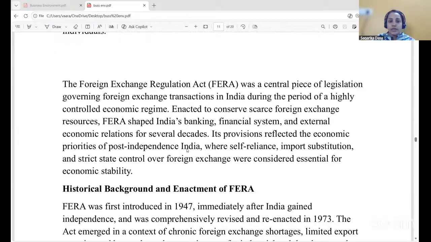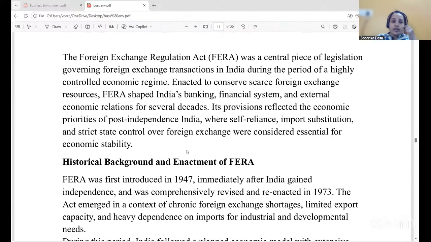So FERA is very important because after independence, when other countries started coming into India, we had to deal with foreign exchange because the currencies of different countries are different. So when other countries' currency is entering India, they have to deal with foreign exchange transactions. Hence, for foreign exchange transactions, the FERA Act came into existence.